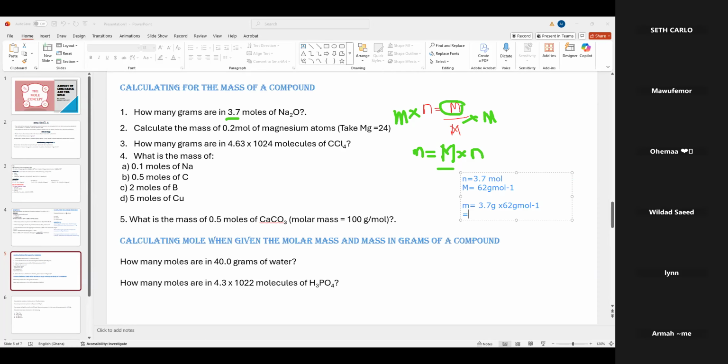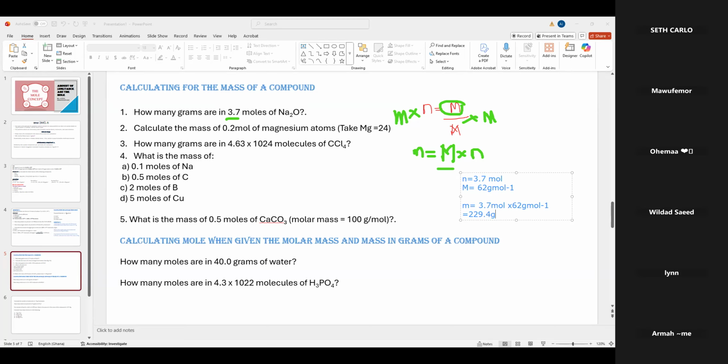What are we getting, please? 229.4. Oh, yes. Sorry. No, this shouldn't be moles, this should be grams.